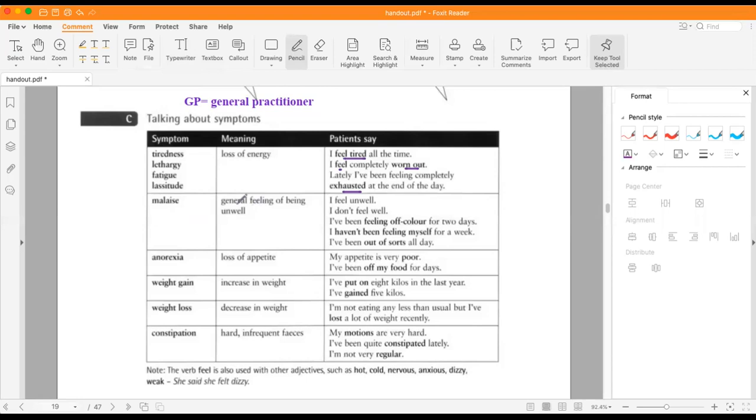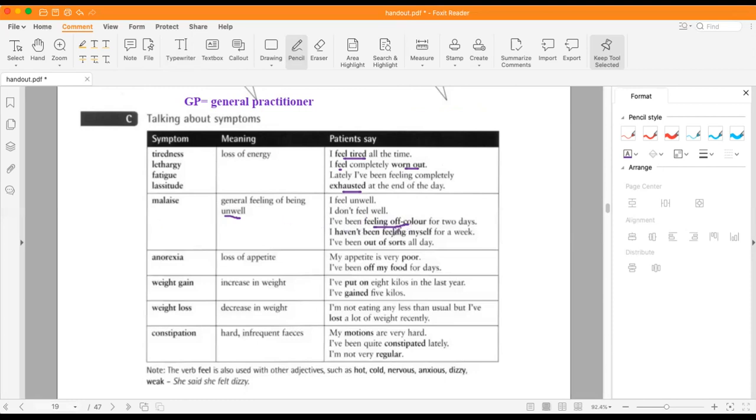Malaise means a general feeling of being unwell. It means feeling unwell, like when the patient presents to the doctor saying, I feel unwell, I don't feel well, I've been feeling off color. This expression means feeling unwell, referring to the symptom which is malaise.